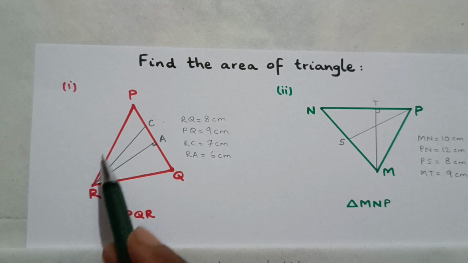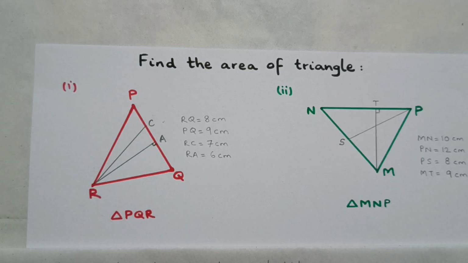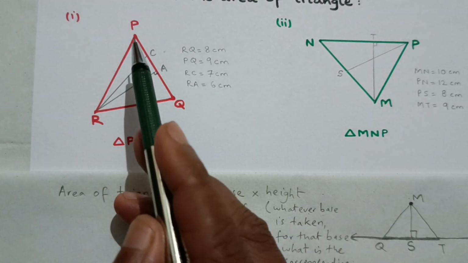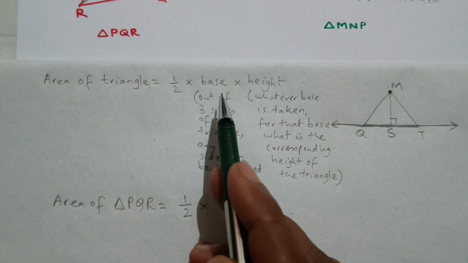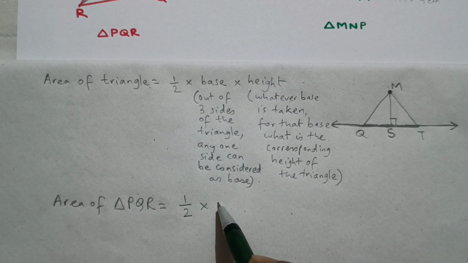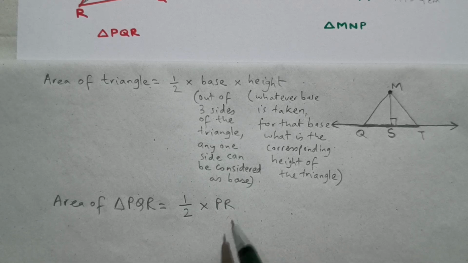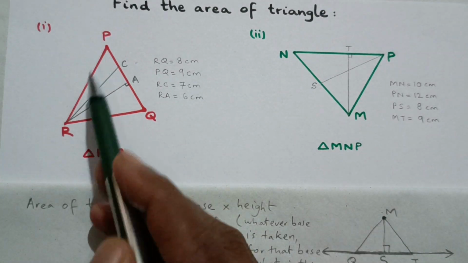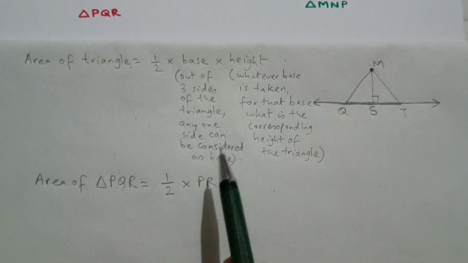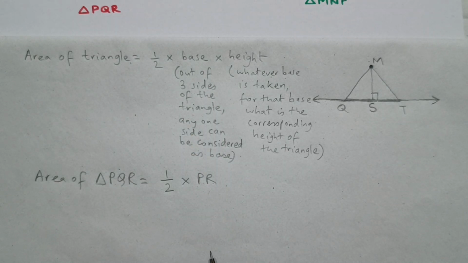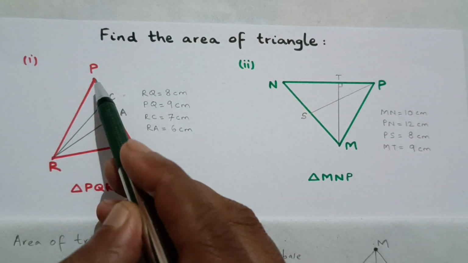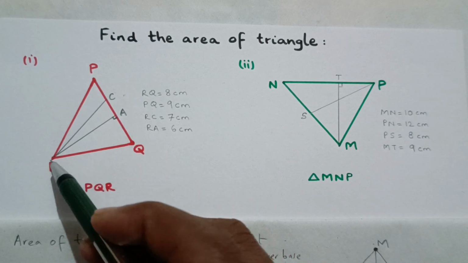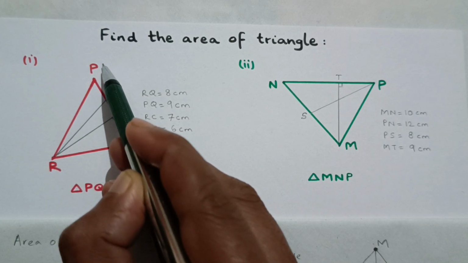So let us take PR as the base. So I am taking side PR as the base. So half into the base, which is PR. Now you can extend the line in both directions.